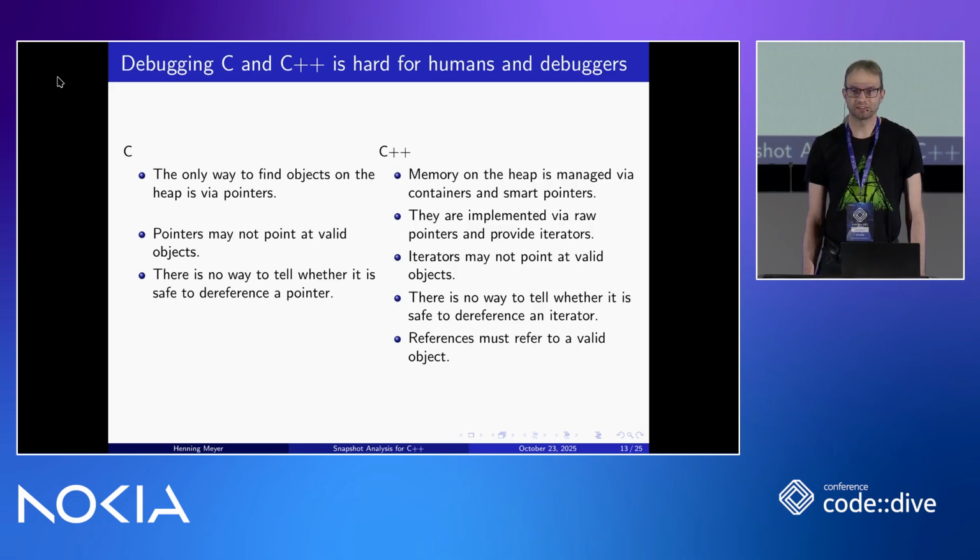And it is similar in C++. Our memory is managed by smart pointers and by containers, but internally they contain pointers. And we also have iterators, but we have the same problem with iterators. If I have an iterator, I don't know whether it points to a valid object or not. And the one difference we have in C++ is that references have to refer to a valid object.